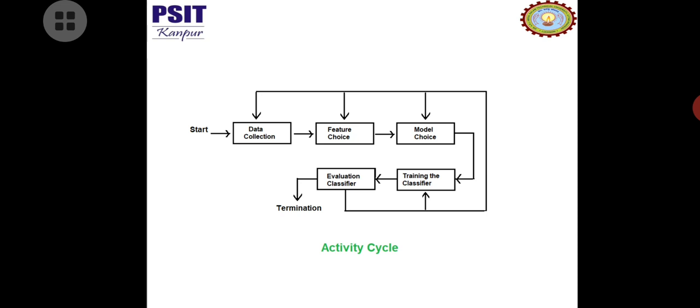So first you collect your data, then features, then model choice, then train the classifier, then evaluate the classifier. After that, last is termination, right? Again, this evaluation is connected to training, training is connected to model choice, model choice is connected to feature choice, and feature choice is connected to data collection. So this is your activity cycle.